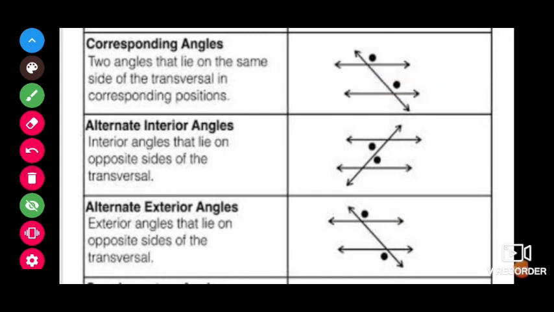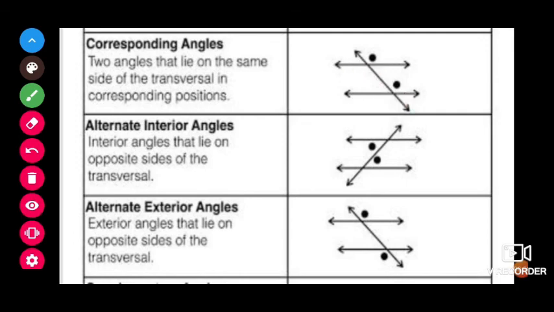So the 2 angles should be on one side of the transversal, one interior and one exterior. Here they are showing this angle and this angle, and in the same way we can take this side also. So these 2 are also corresponding. And in the same way down here, this and this are corresponding, and even this and this are corresponding.